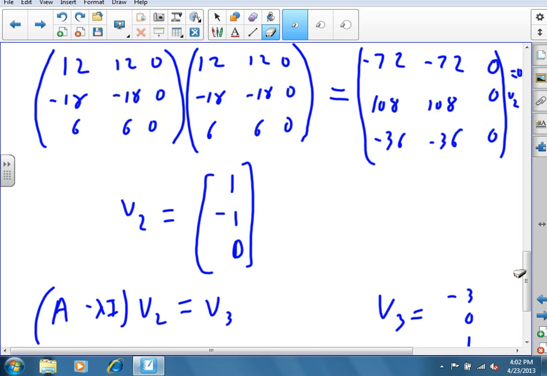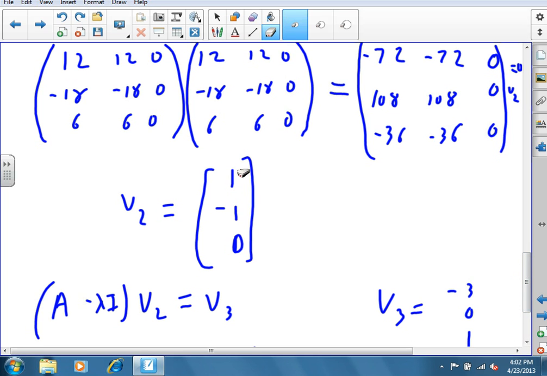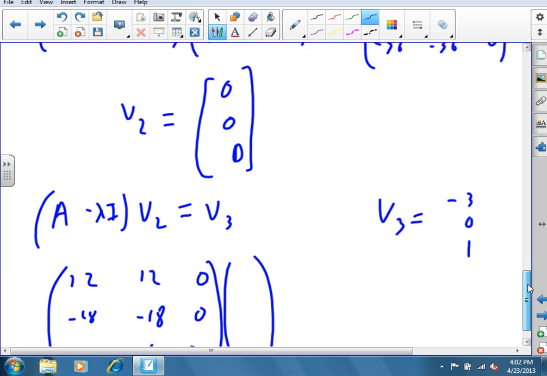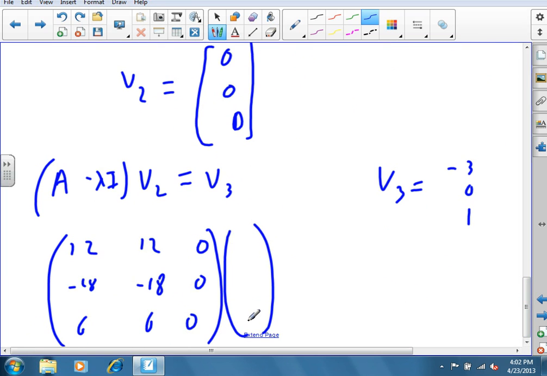So what they're saying is that this V2 is 0, 0, 0, which I would never have picked. But if he's 0, 0, 0, and I put that here, I get 0, 0, 0 for the other guy. So how does that work? Wow. Oh, it's not 0, 0, 0.